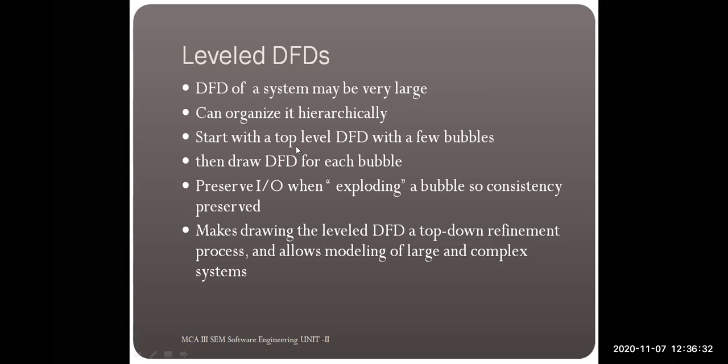That is, we identify the main system as one transform, then divide it into several transforms. So drawing the level DFDs is a top-down refinement approach. The major process will be at the top, the remaining sub processes at the bottom. So the top-down approach will be used here.